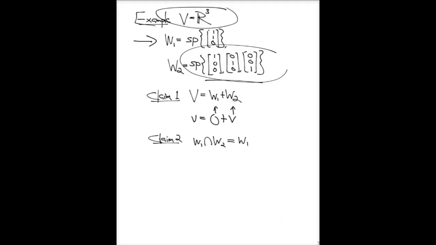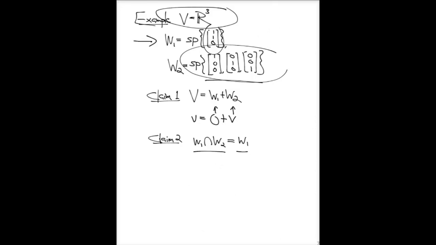And again, I'll let you verify this carefully, but let me just tell you how the proof would go. The vector (1, 1, 0) is already in the span of these three basis vectors. That is, (1, 1, 0) is already in W2. And therefore the span of that vector is in W2 as well. Therefore W1 is contained in W2, and so the intersection of the two is just W1 all over again.